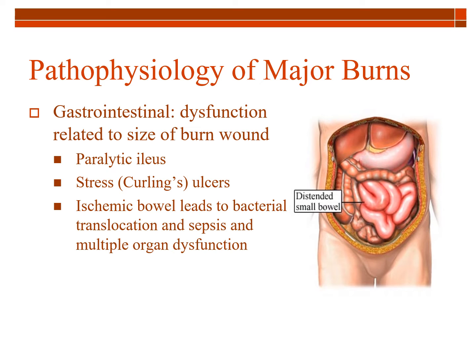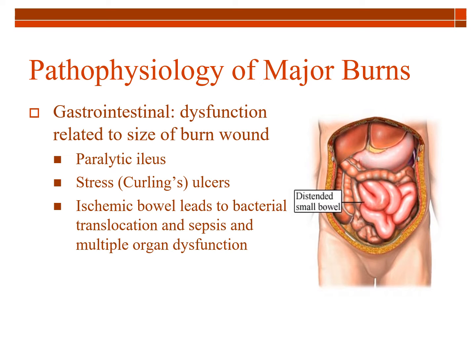Okay, moving right along to the gastrointestinal system in our major burn patients. The dysfunction of the GI tract is going to be related to the size of the burn wound. A paralytic ileus may result from a major burn.